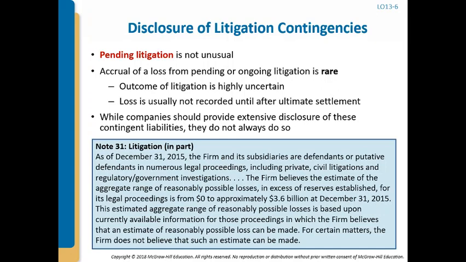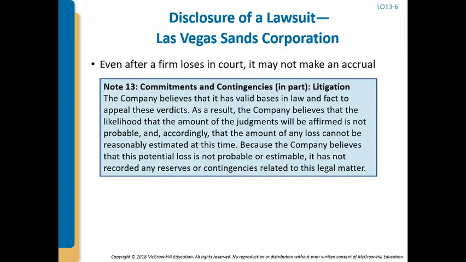Notice it's kind of general, as are most of these, not really discussing particular cases. And even if a firm gets a verdict against them, you can always, at least up to the highest court possible, appeal.